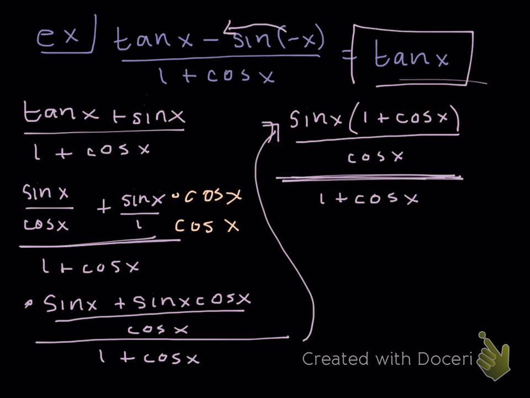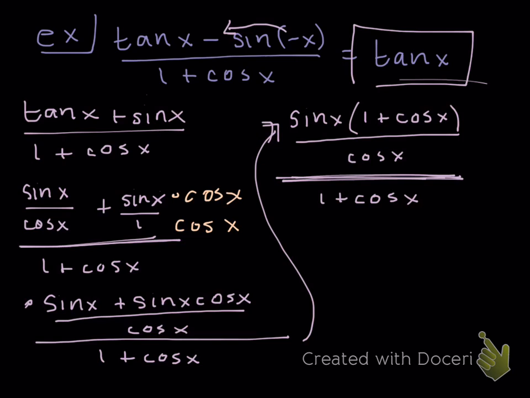And clearly you can see I have a fraction over a fraction, so I think you know which way I'm going to be taking you next, and that's the whole idea of keep, change, flip. So I'll have sine of x times this 1 plus cosine of x. You know what, actually I'm going to go into the next screen so I have some more room.